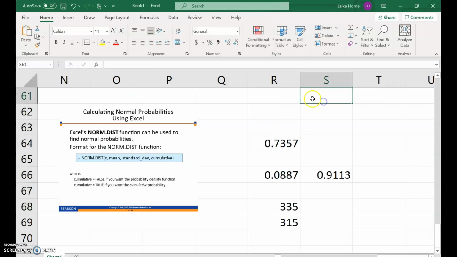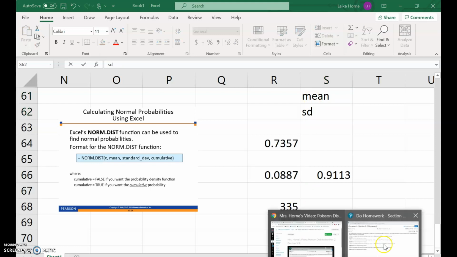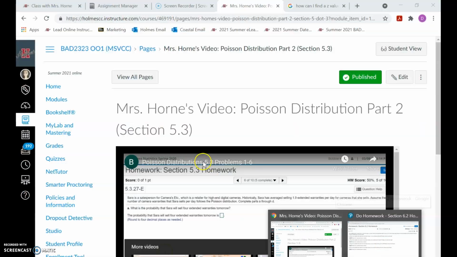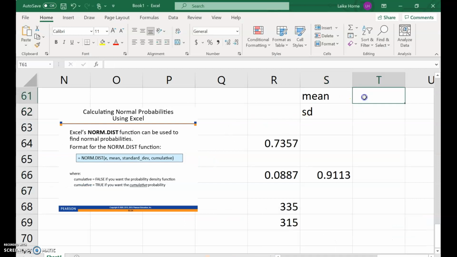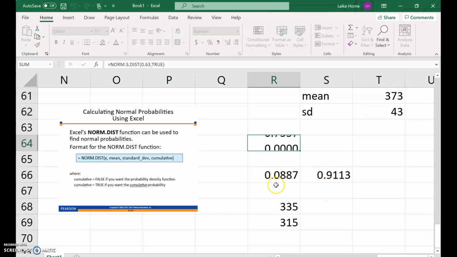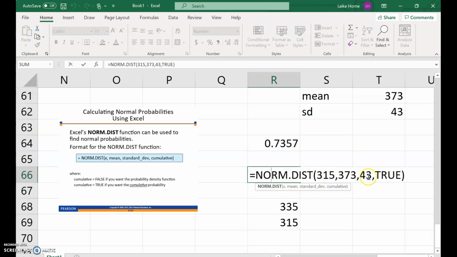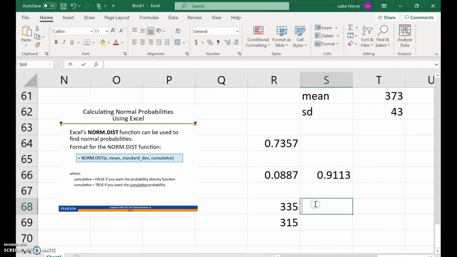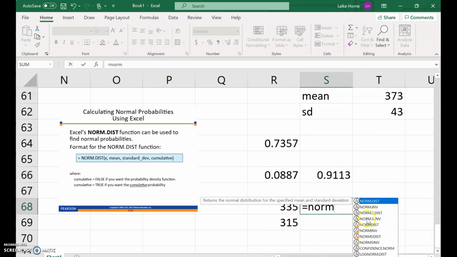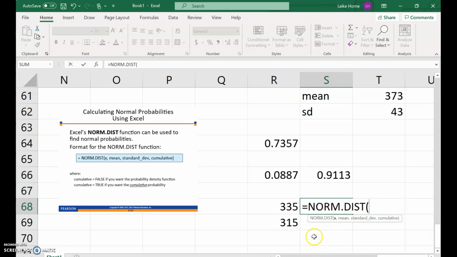The best thing to do would be to put the mean and the standard deviation in your spreadsheet so you don't have to keep looking back at it. So 373 and 43. Let me make sure that's right. Okay, yeah. So for this one, equals norm.dist. It's the first one. X for the first one is 335.